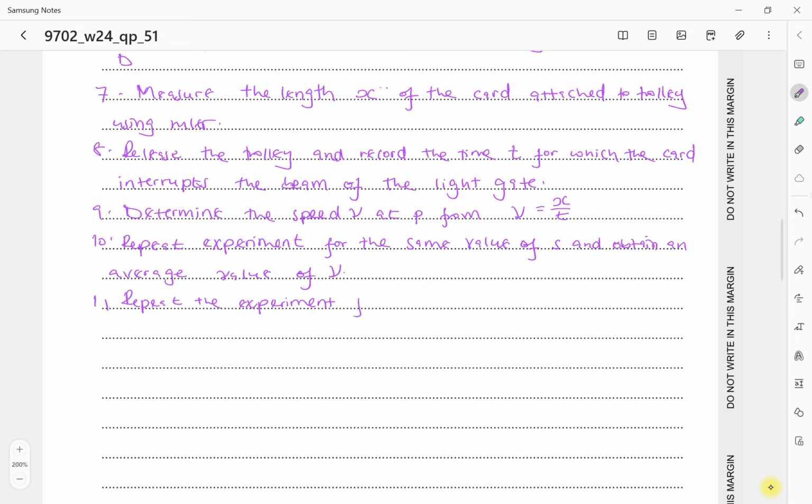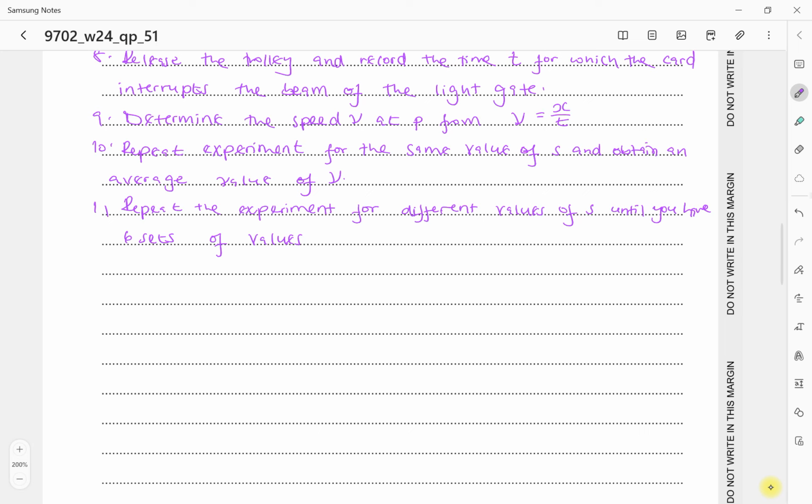Now for different values of s, because s is the independent variable, until you have 6 sets of values. We need 6 sets of values because we want to plot a graph.